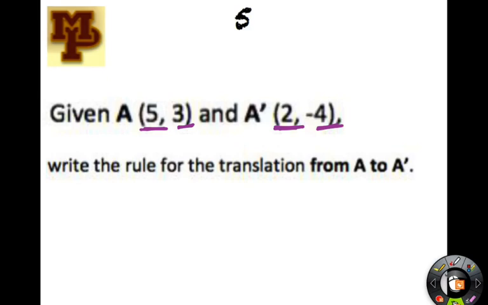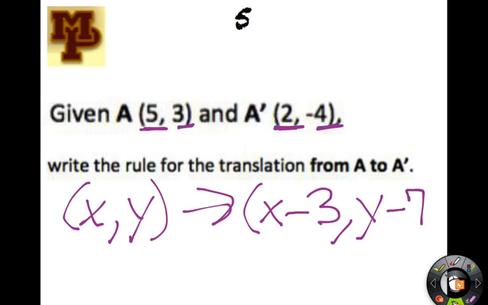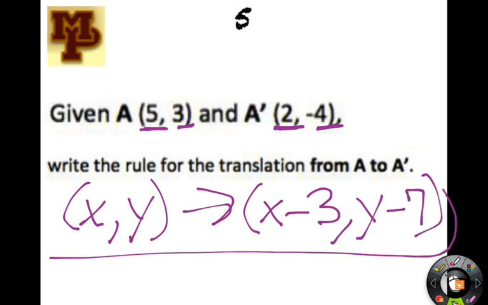The way we're going to do it is we're going to say that (x, y) becomes, and you're going to have to subtract 3 from the x's, so it's going to be x minus 3. And then from the y's, it looks like we're going to have to subtract 7. So we're going to say y minus 7, and then you just put parentheses. So this is one great way to write the rule.